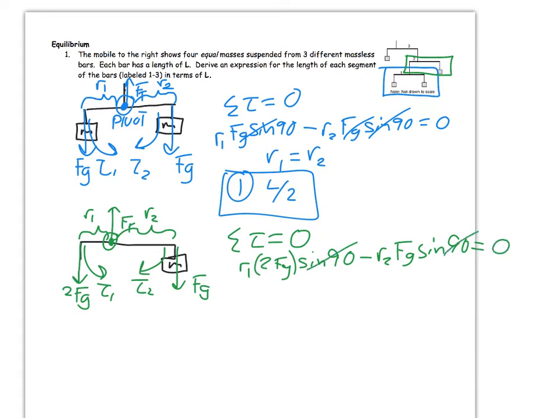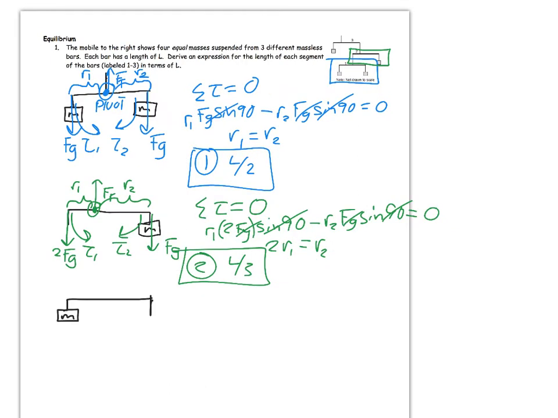The 90s cancel out, the Fg's cancel out, and what we get is 2R1 equals R2. And so what that ultimately means is, if this length here is twice as long as this length, then segment 2 is going to be 1/3 the length of the bar. Because if this is 1/3 the length, then this is 2 times that, 2/3 the length, and that adds up to the full length of the bar.